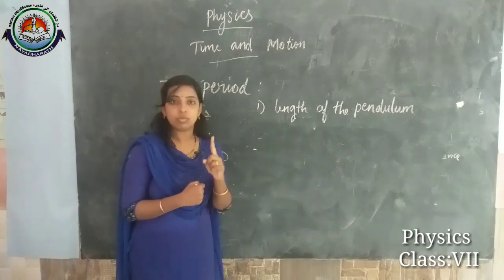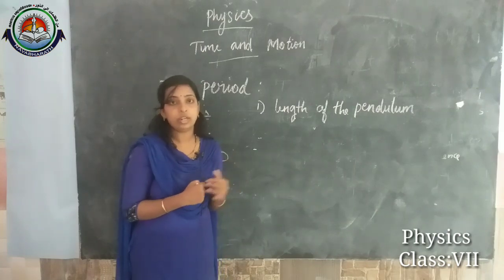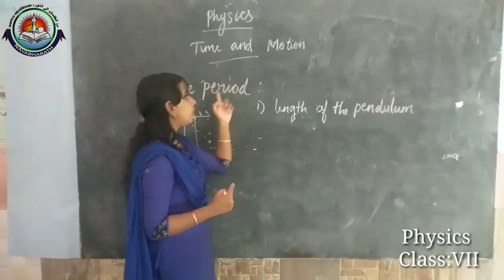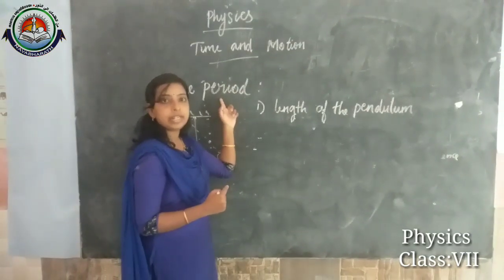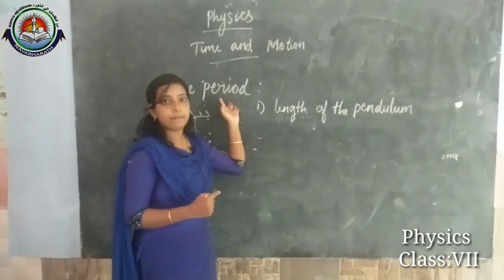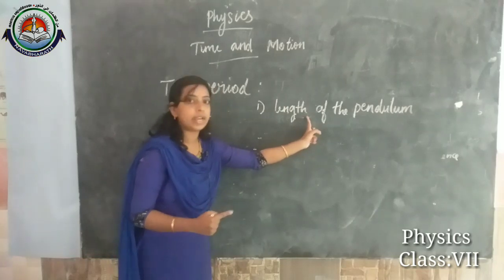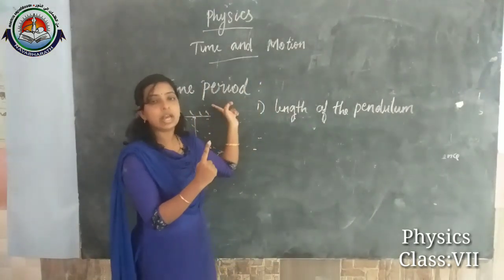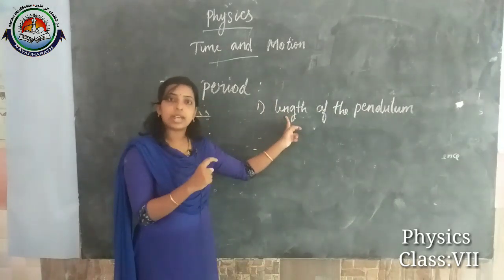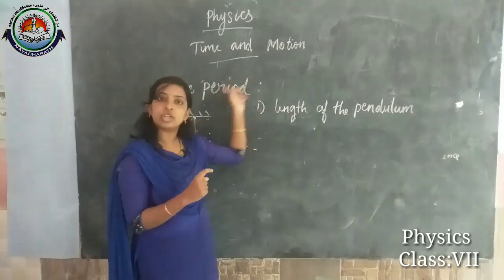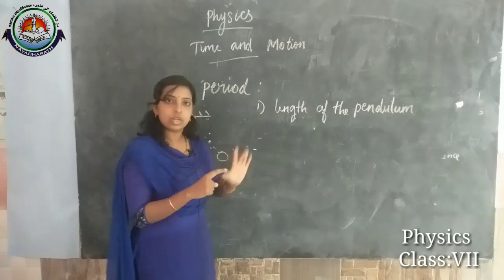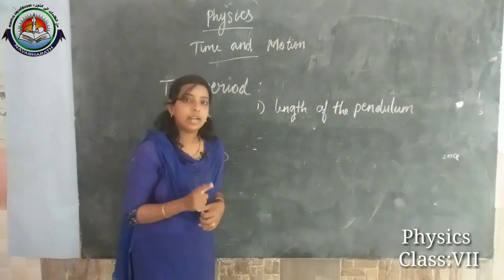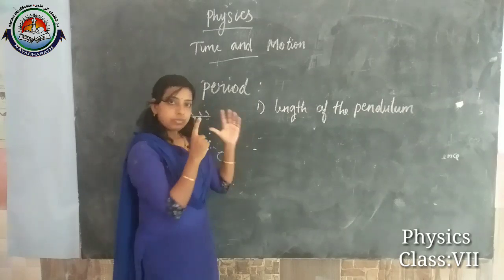So we can say that the length of the pendulum directly affects the time period. Why? Because when the length increases, the time for one oscillation also increases, and when the length decreases, the time for one oscillation also decreases.